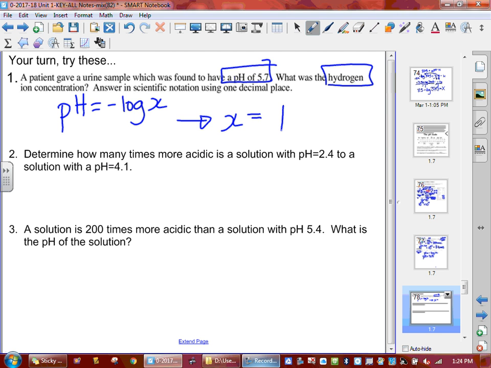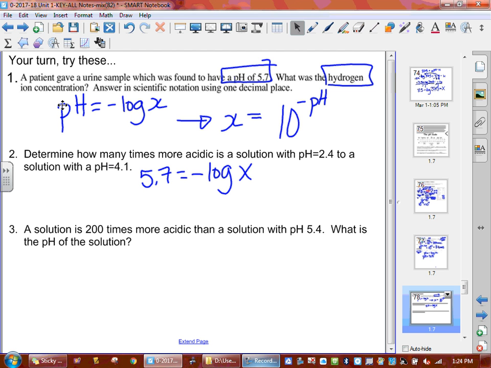The long way is this. I've got 5.7 equals negative log x. I have to divide out my negative 1, because it's the negative right here. That makes this become negative 5.7, so negative 5.7 equals log of x.